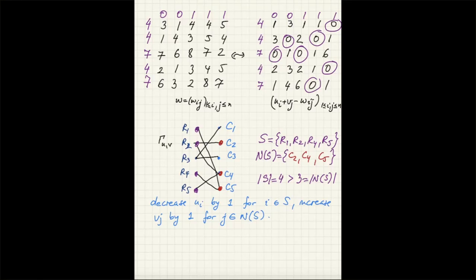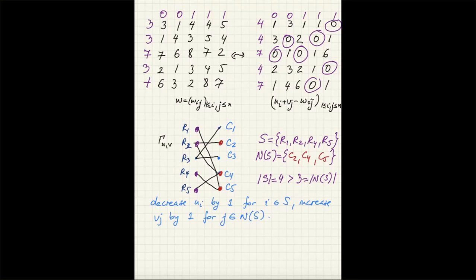So R1, this goes down by 1, so this is 3. This one also goes down by 1. R2 goes down by 1. So that's 3. R3 stays the same. R4 goes down by 1.